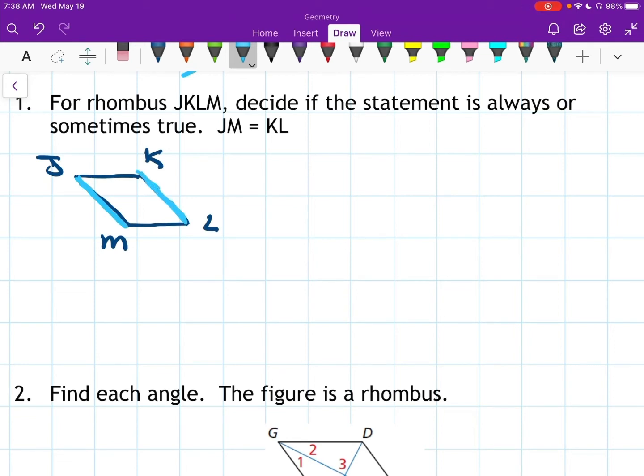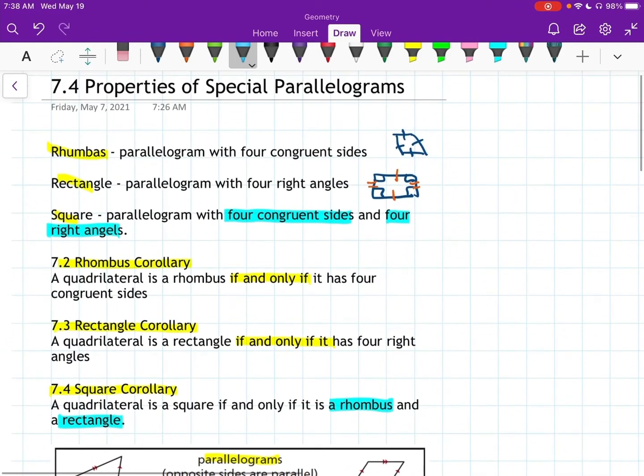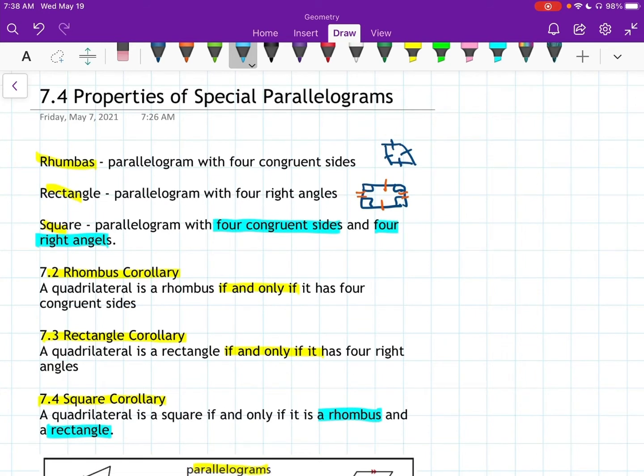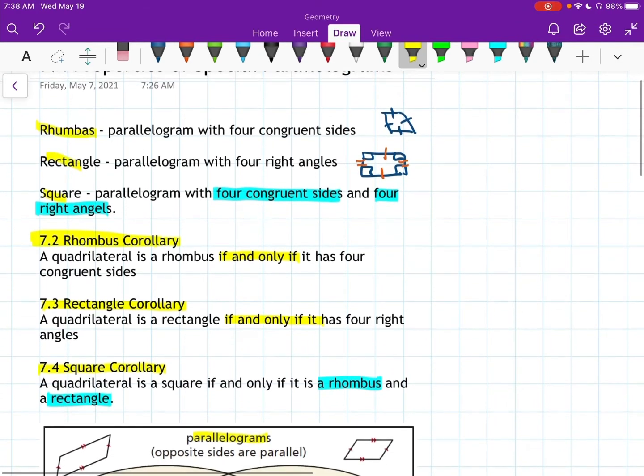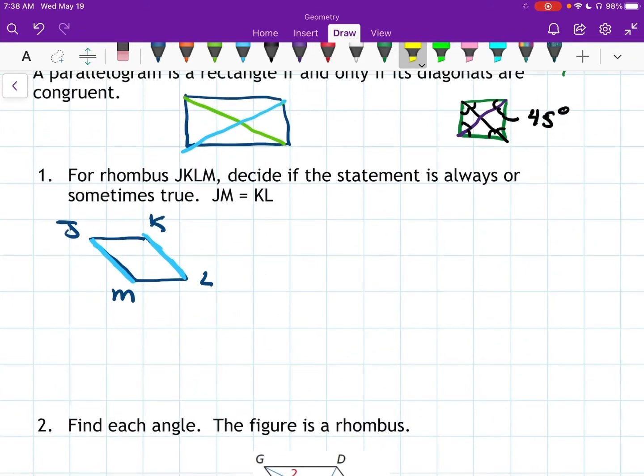Well, a rhombus, I think we can just say by definition, a rhombus is a parallelogram with 4 congruent sides. Or we could also look at the rhombus corollary, 7.2, has 4 congruent sides. So yes, JM will always be equal to KL, so always.